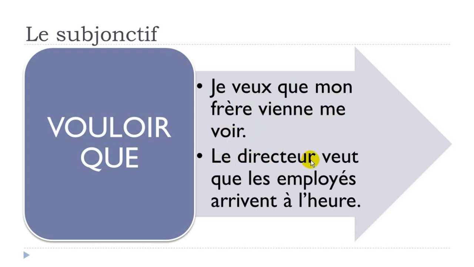And then, le directeur veut que les employés arrivent à l'heure. Le directeur, the director, veut que les employés, the employees, arrivent, to arrive, à l'heure, on time, okay? In that case, arriver, to arrive, is in the subjunctive form, okay?